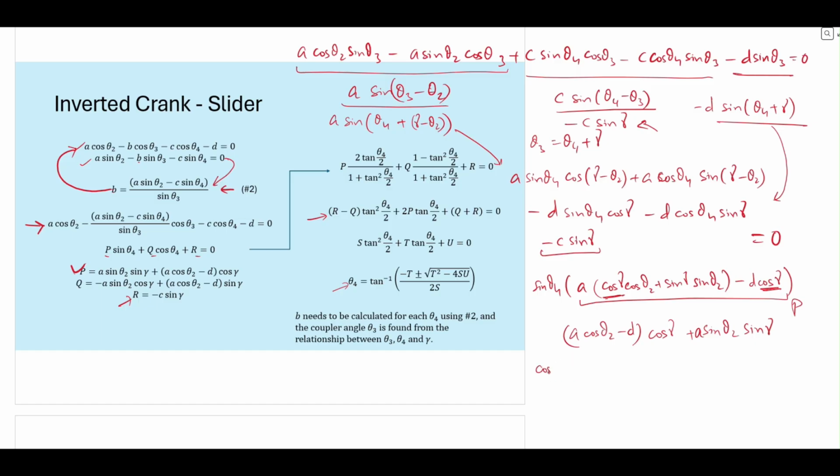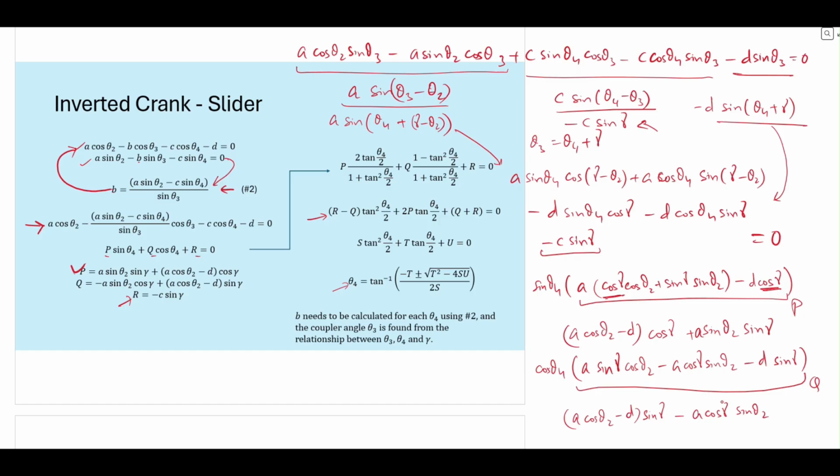And then we can do the same. Take cos theta 4 common. We get a sine gamma cos theta 2 minus a cos gamma sine theta 2 minus d sine gamma. This should be Q. We can take again sine gamma common and write this as a cos theta 2 minus d sine gamma minus a cos gamma sine theta 2, which is exactly this.